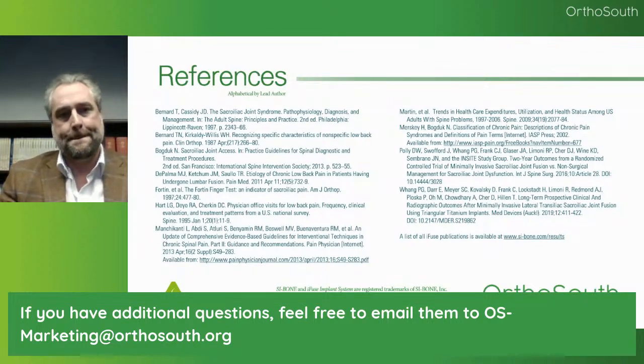And last question, what specific clinical signs might indicate a rare complication such as infection or nerve damage following an SI joint fusion? Yeah. So when we're operating at the SI joint, you're in very close proximity to the sacral nerves.